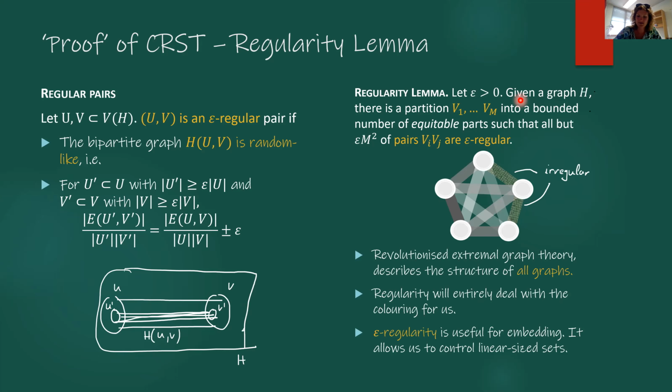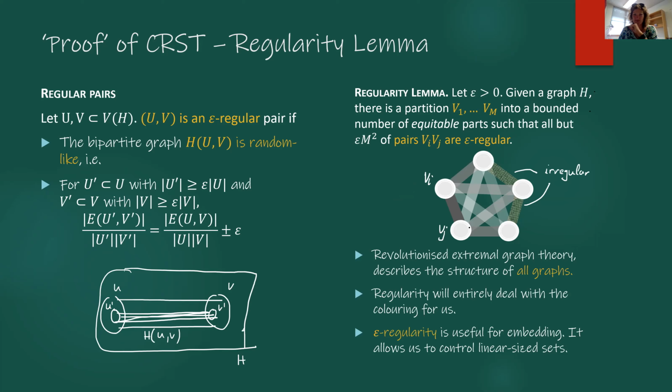So this may be part Vi and this may be part Vj. And an epsilon proportion of pairs are not regular. And to the point, we say nothing inside the parts, if that's your question. Inside the parts, again, we have no control over what happens.